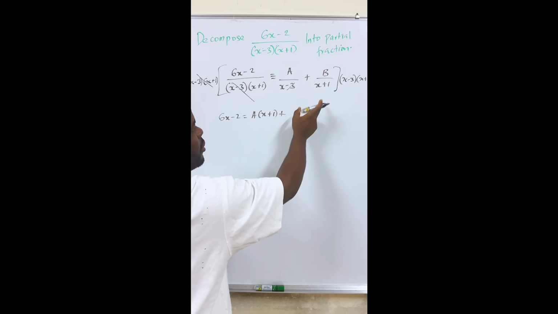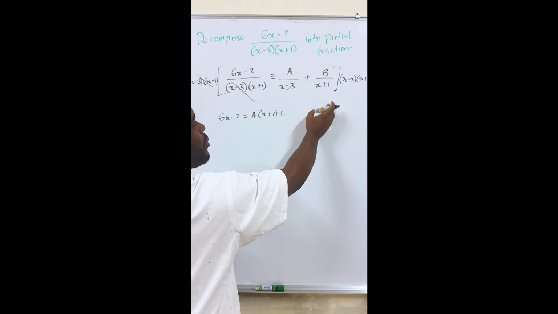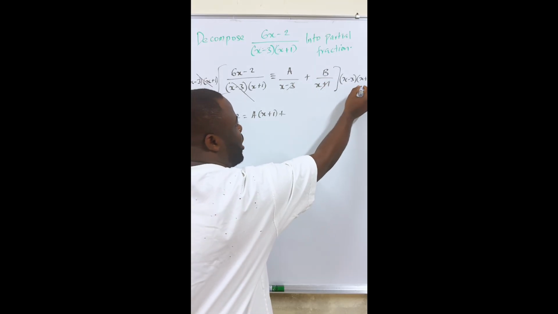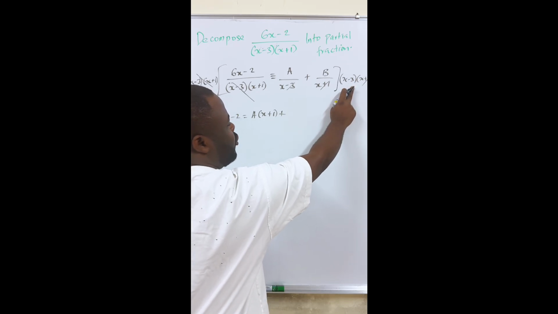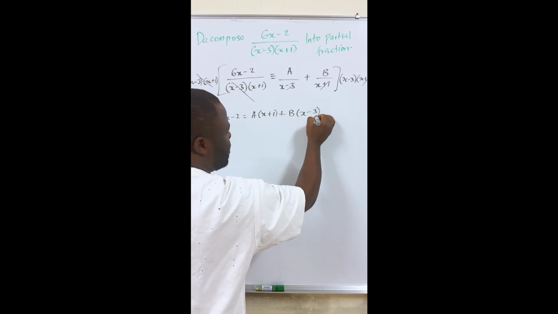Then plus, the same thing: if you use these two factors to multiply this fraction, we cancel out (x + 1), so we now have B(x - 3).